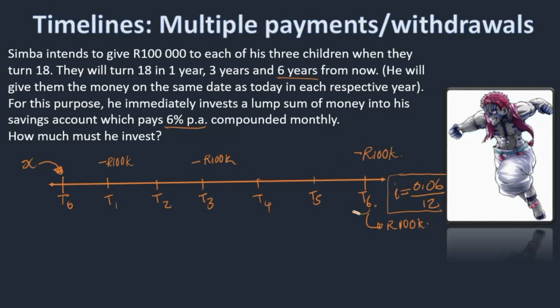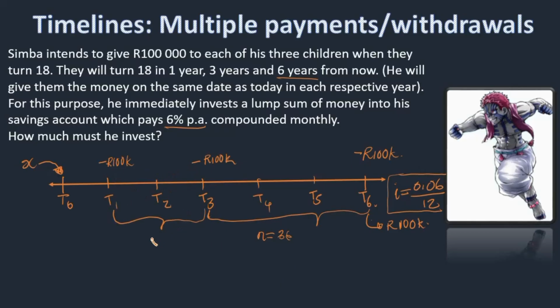I have a situation from here up until here, right? And then remember, this is compounded monthly. So I have my end here being 3 years, right? 3 years in terms of months, that is 3 times 12, which is 36 months, right? And afterwards, I have this situation where I'm calculating from here up until here.